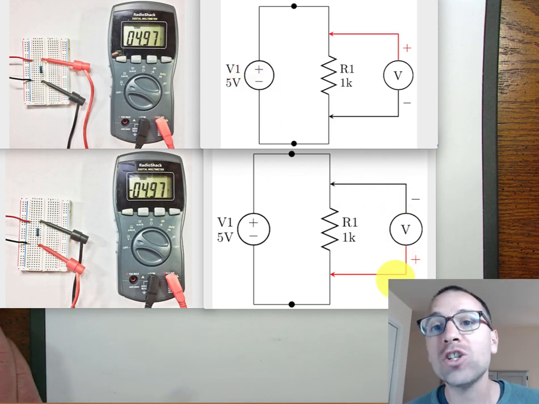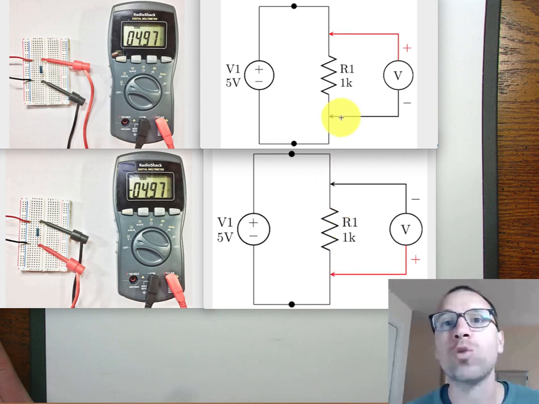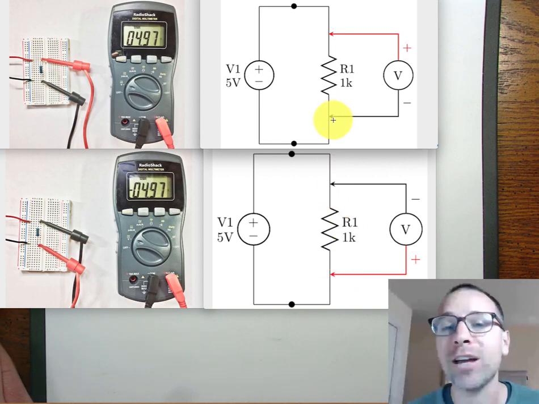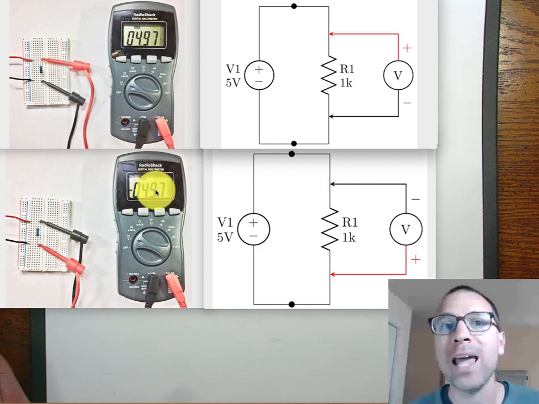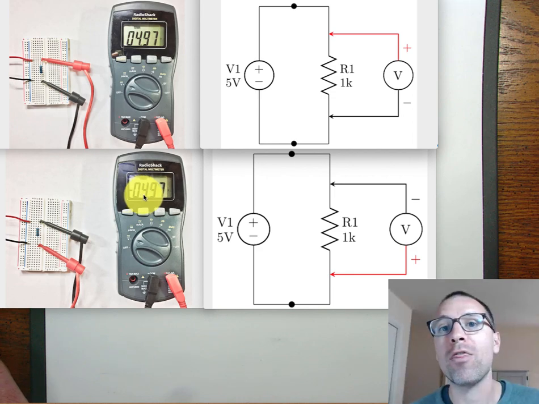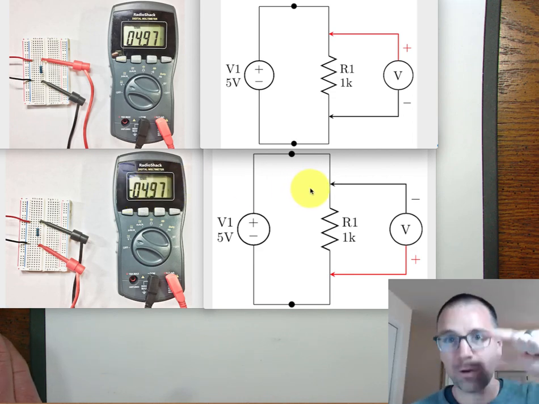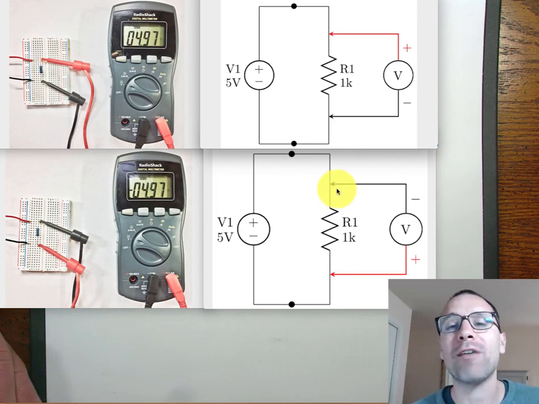When I switch the polarity of my measurement tool, when I swap the negative end from the bottom to the top, it ends up that I get a negative value there because I've literally switched the way in which I measure that variable, from negative to positive.